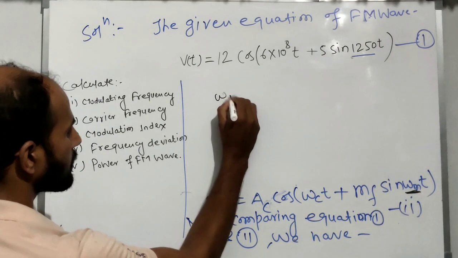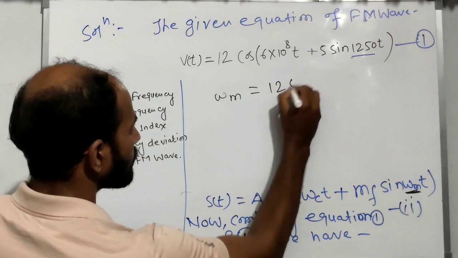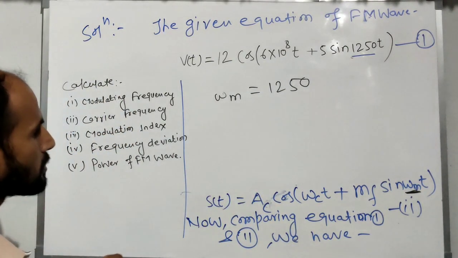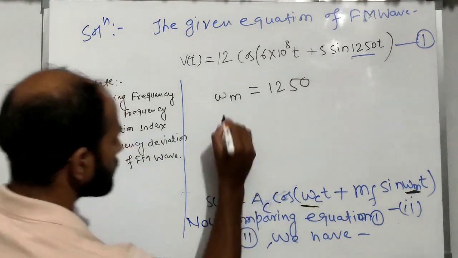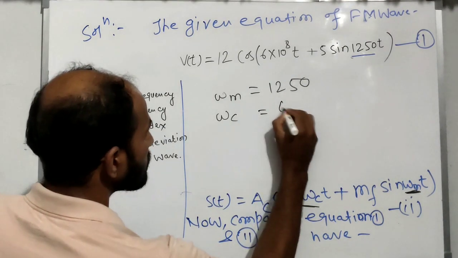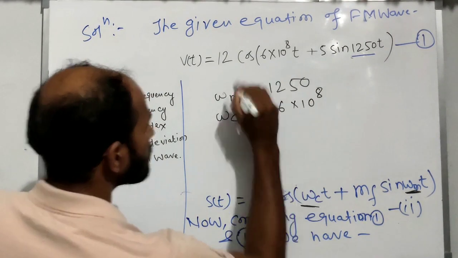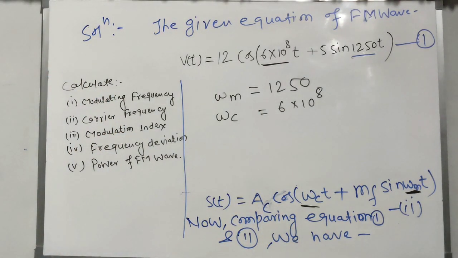Comparing, we can write omega m is equal to 1250, and omega c is equal to 6 into 10 to the power 8, because this is omega c.